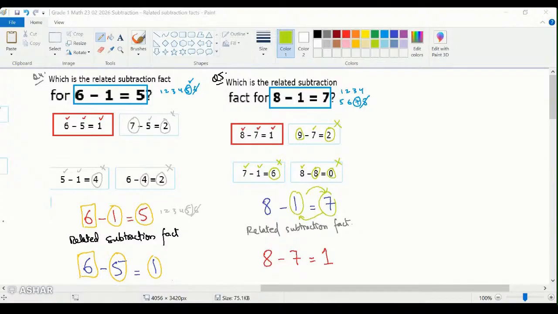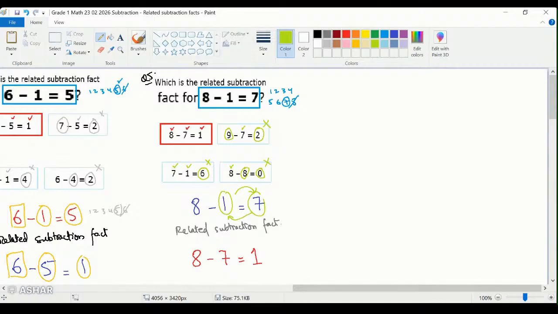Having a look at the next question. Okay, so let's try some more questions. Now, what is given to us is just a statement, right? And we'll try to find the subtraction related facts ourselves.